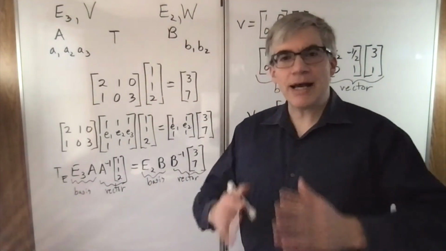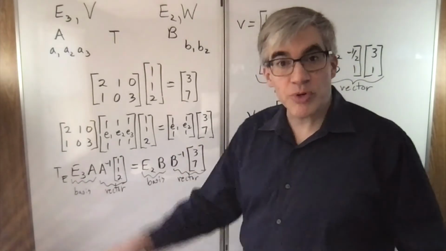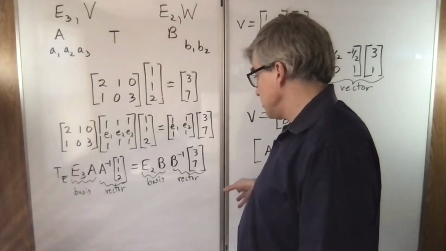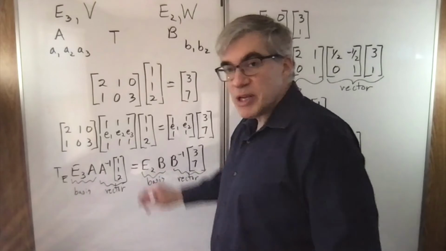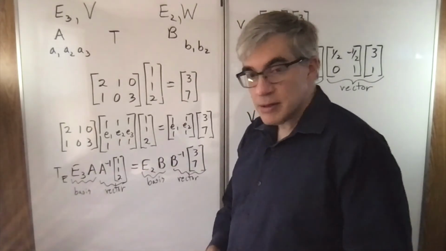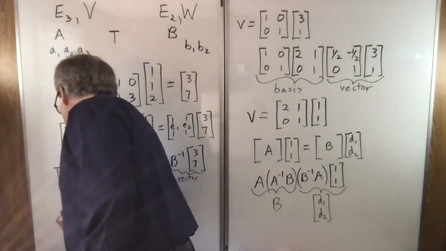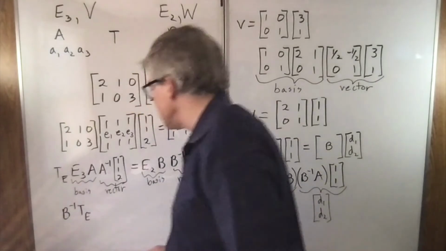So if what we actually want is just to take the input vector and produce the output vector in basis A to basis B, we could undo this matrix multiplication here. We could multiply by the inverse of E2B. In other words, B inverse here. So B inverse, T in the E basis.